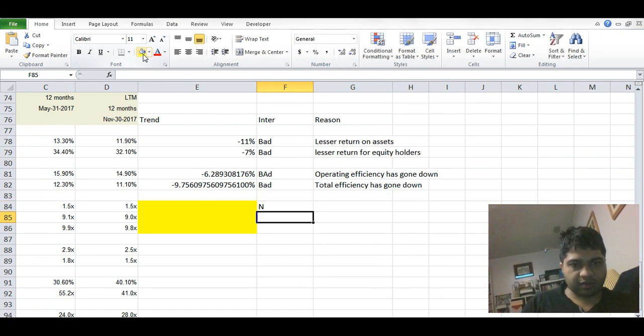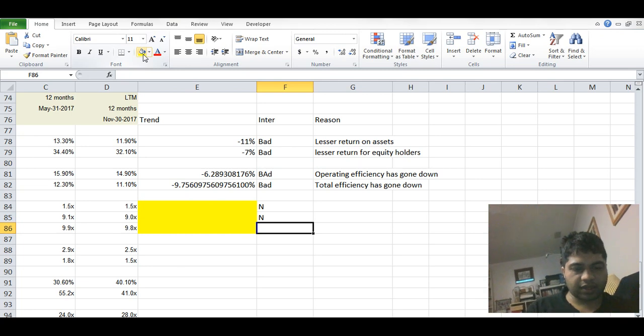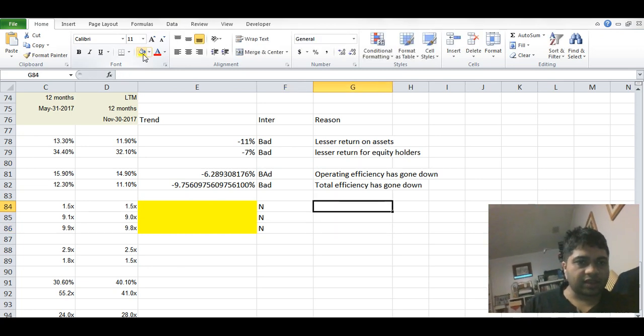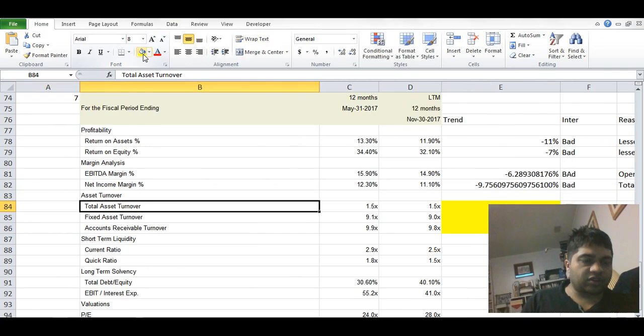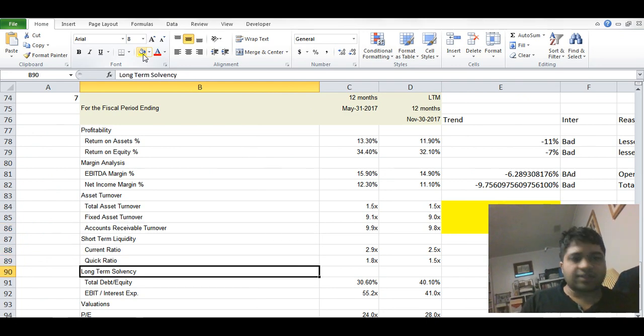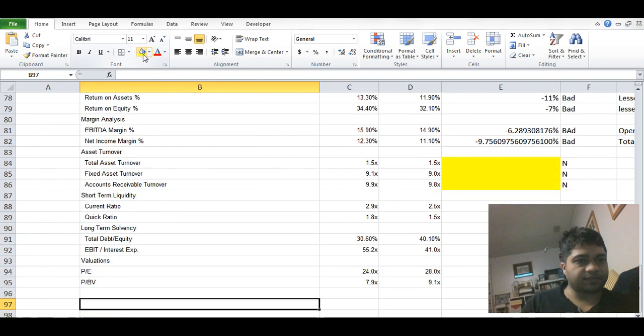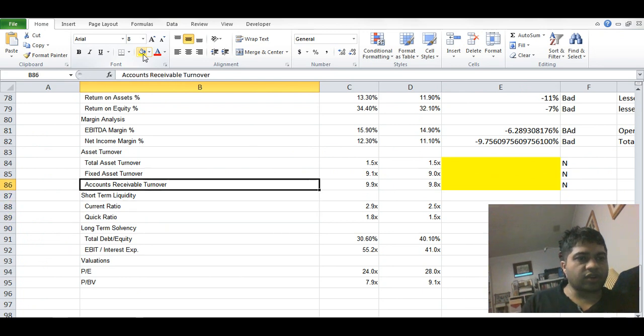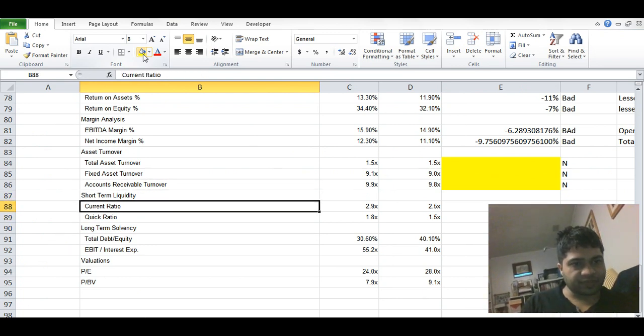Neutral and neutral. Okay, interpretation will be: efficiency of using total assets is the same, efficiency of using fixed assets is the same, cash to credit sales is the same. Okay, how you are converting your credit sales into cash, it is again the same.